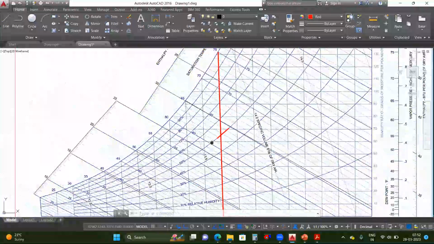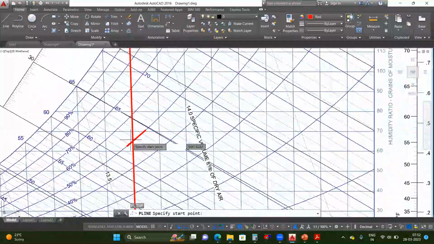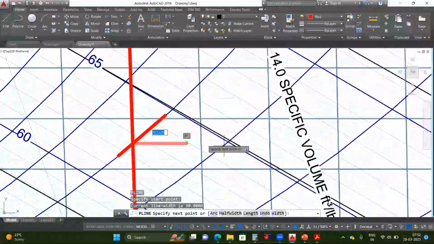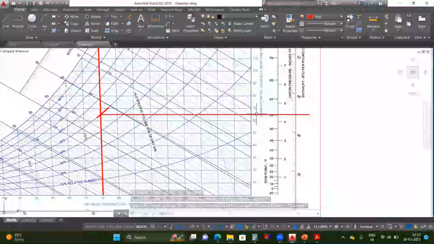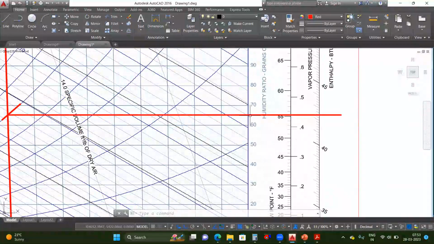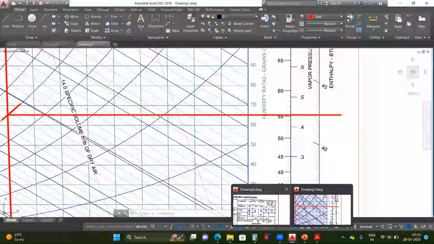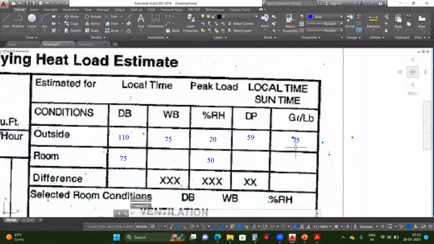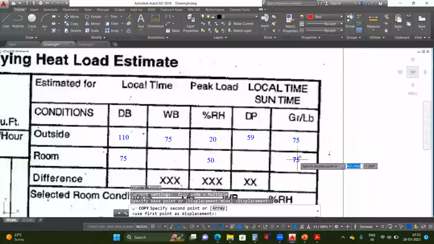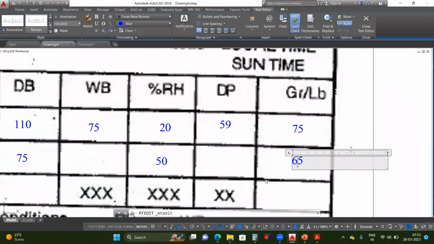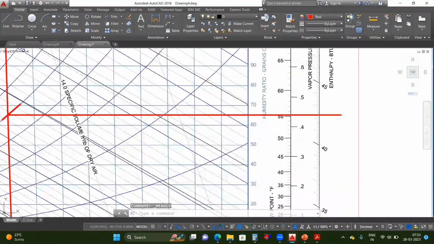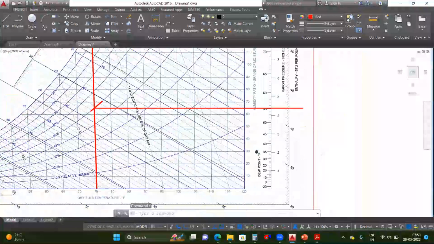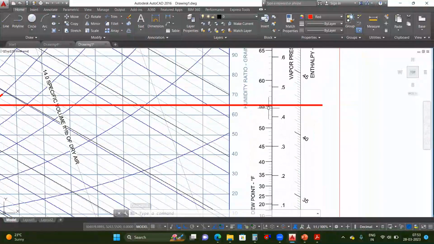Okay, and from here we need to take the values. So I will draw one horizontal line so that we can get the humidity ratio and dew point temperature. What is the humidity ratio here? It is between 60 and 70, that is 65. So that is 65 here. The dew point temperature is 55.